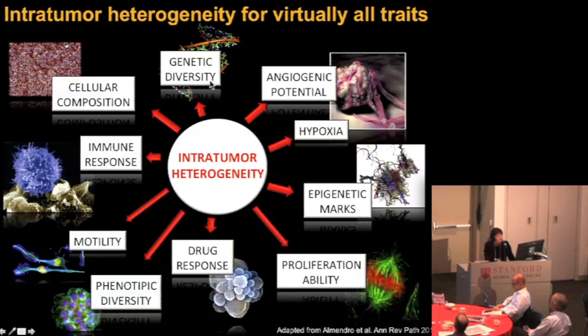So genetic heterogeneity, immune response, epigenetic heterogeneity, and also the functional responses of cancer are likely to be heterogeneous. And I think one of the panel discussions we have is, what is really the most relevant in terms of determining clinical outcomes? I think a lot of it we still don't really know, but we can measure more and more.